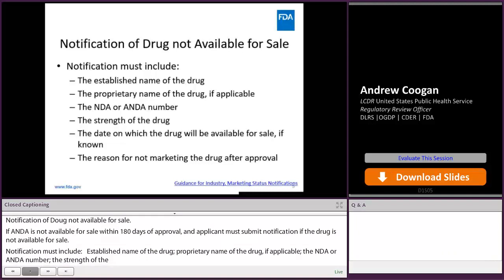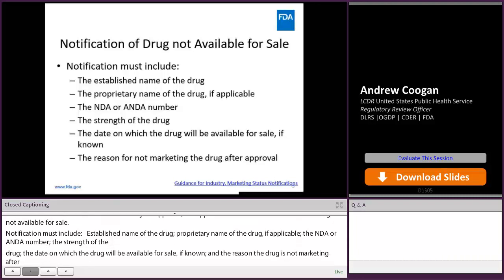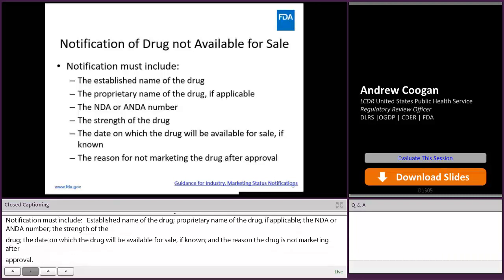These are all listed in the section 506I, and in the bottom of this slide there's a link to the guidance for industry, which also covers what the notification must include.